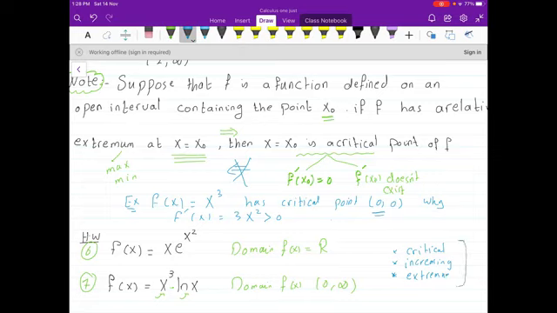And to find the critical points, the intervals of increasing and decreasing, and the extremum, all of them are answered by studying the sign of f prime of x.